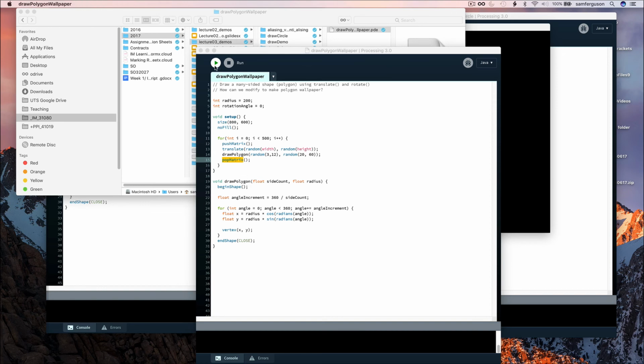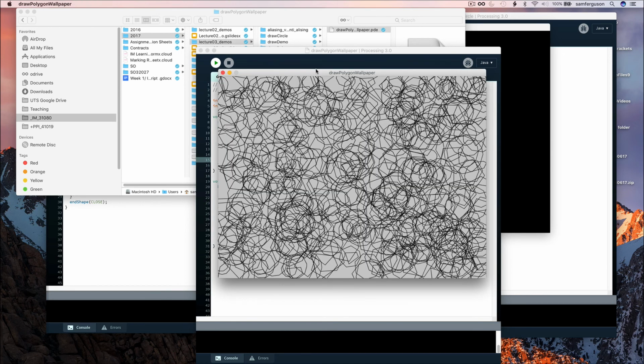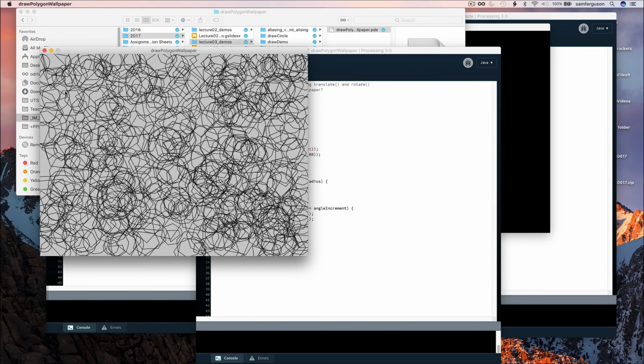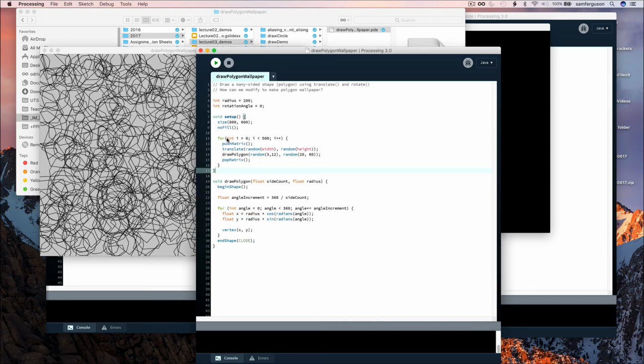Now let's have a look at this. So here you go. Polygons all over the place, because what we're doing is we're saying make 500 polygons, translate to a random location within width and height, width being the width of the window and height being the height of the window.